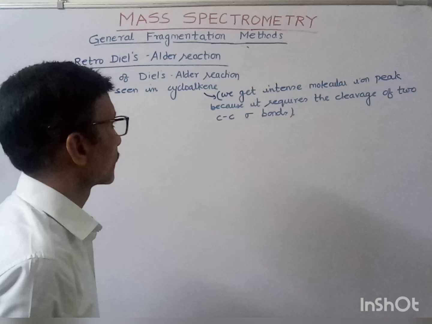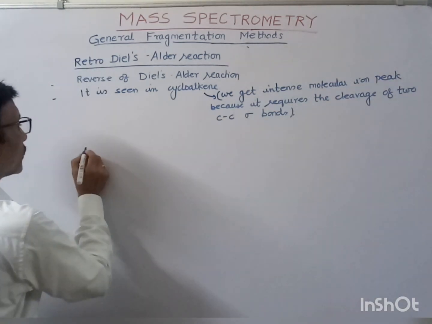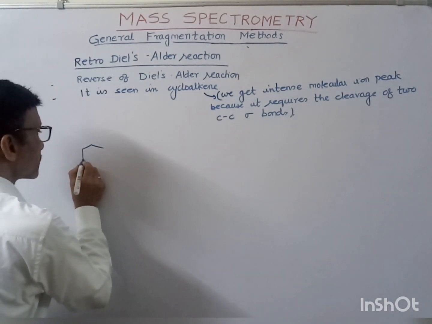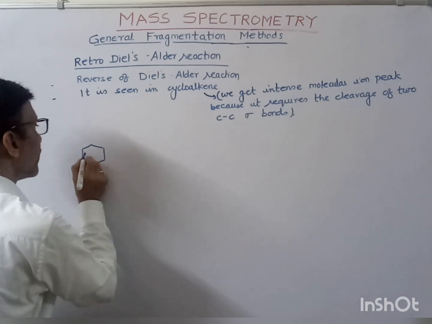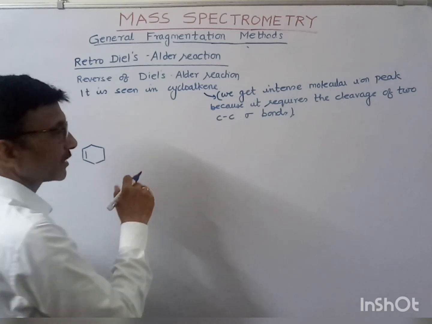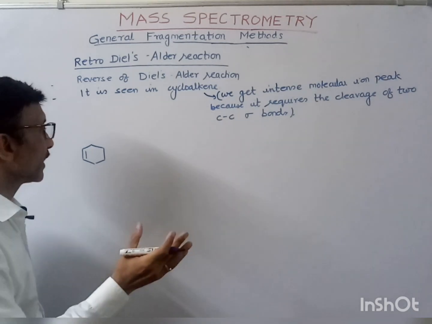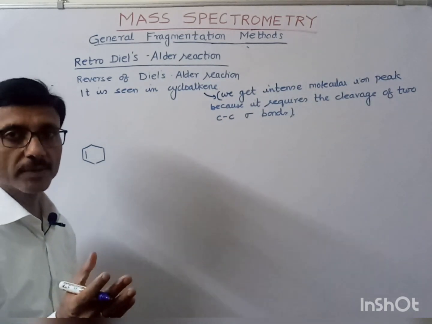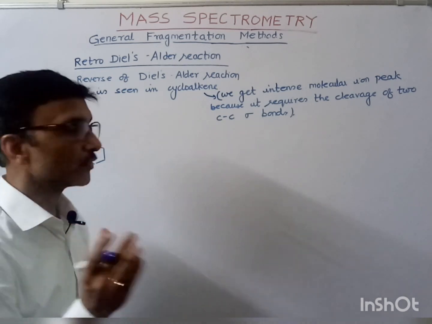Okay. So now suppose we have a cycloalkene, that is cyclohexene. If we have cyclohexene, then it will undergo the retro-Diels-Alder reaction, and the products formed would be the diene and dienophile.